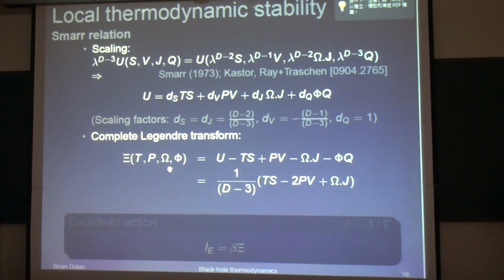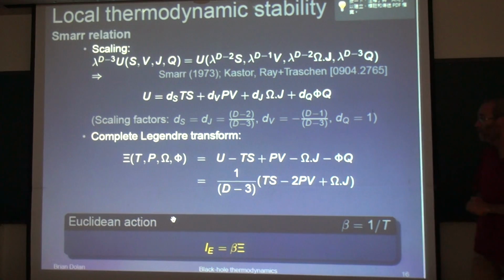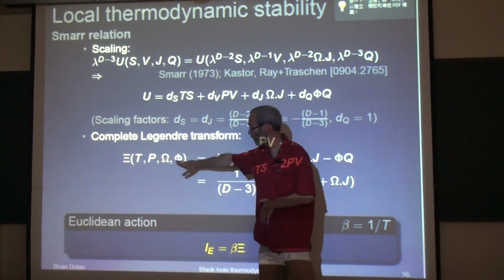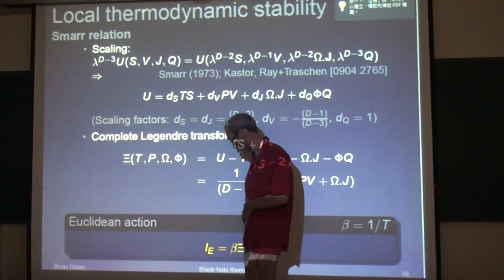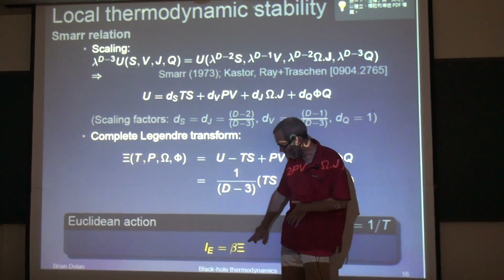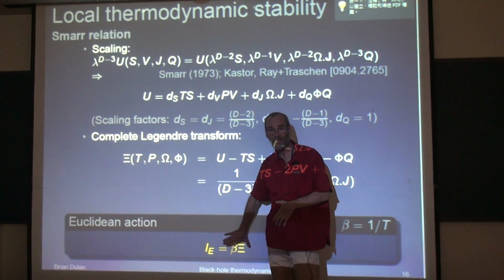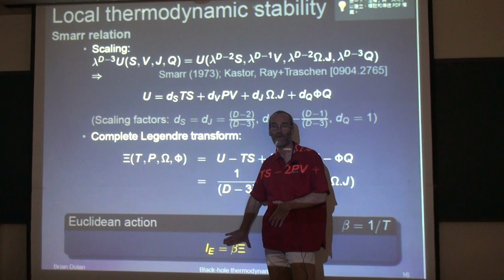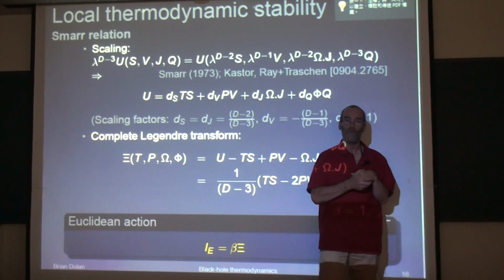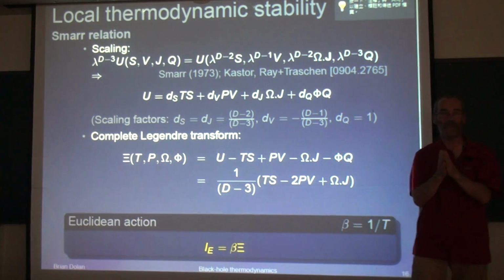And what you actually get is the same thing as the Euclidean action for quantum gravity. The complete Legendre transform, this function of intensive variables, is the same as the action for general relativity on your black hole solution, except you Wick rotate, sending time to complex time, t to it.